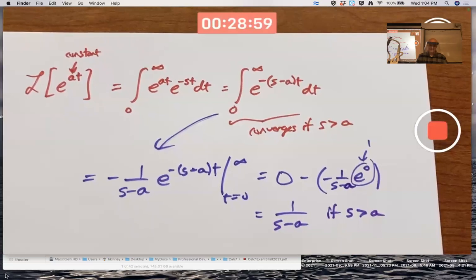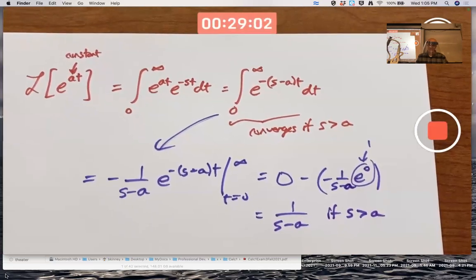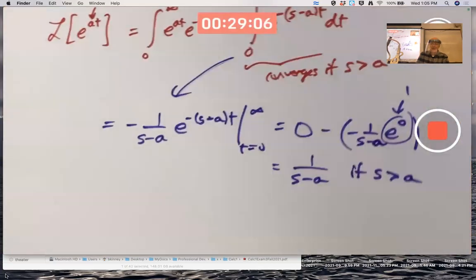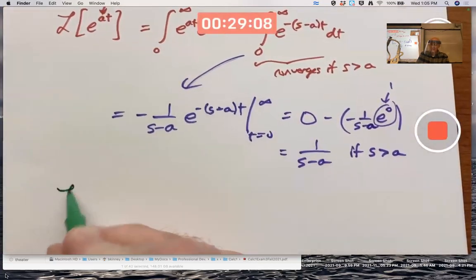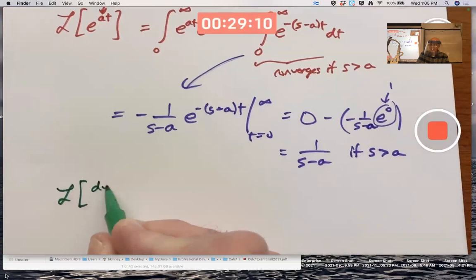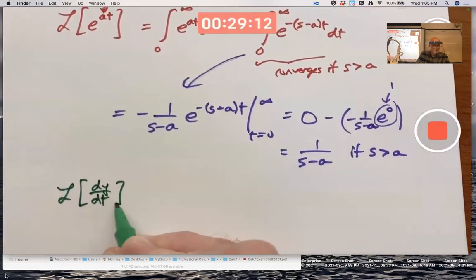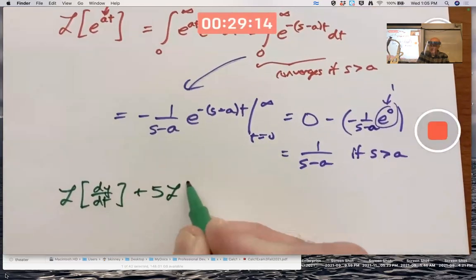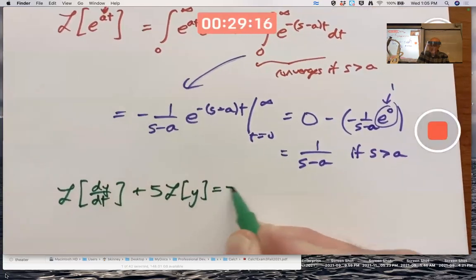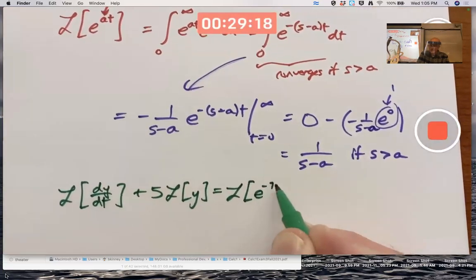All right, now we got to go back to the differential equation. So again, we were at this step. I'll rewrite it. The Laplace transform of dy dt plus 5 times the Laplace transform of y equals the Laplace transform of e to the negative 7t.